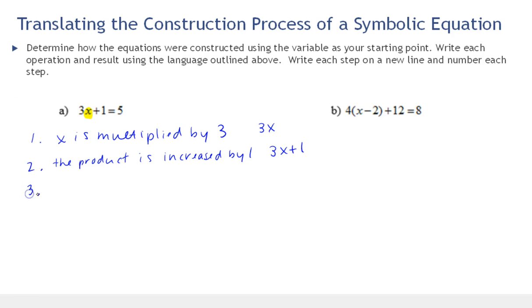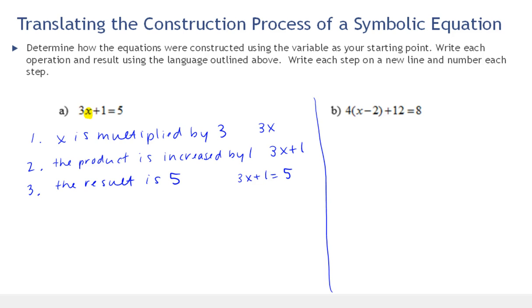Okay. And the third step, that's everything on the left side. And the third step is to say, and the result is 5. So if x is multiplied by 3, the product is increased by 1, the result is 5. Okay. And the word is, the result, kind of like equals, will give us this equation right here.